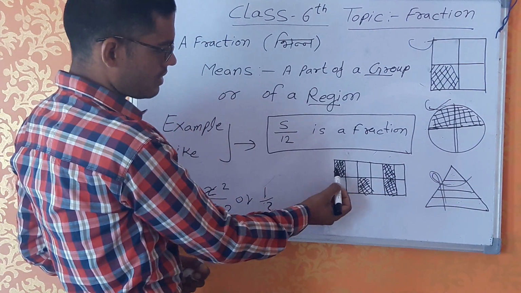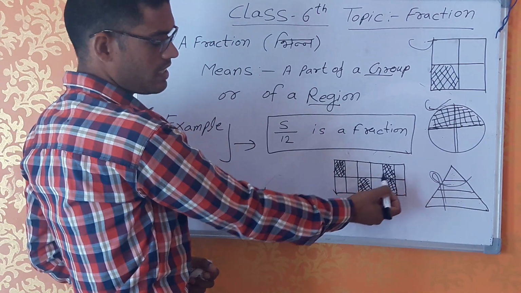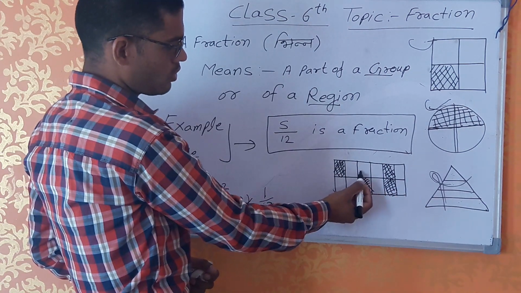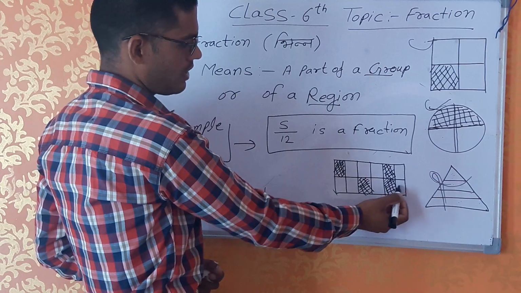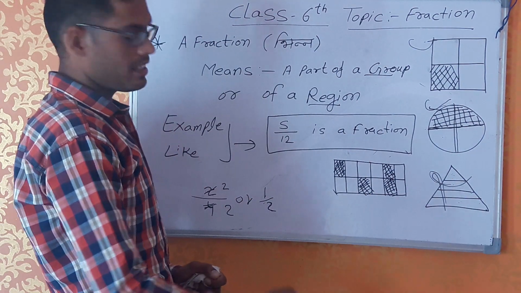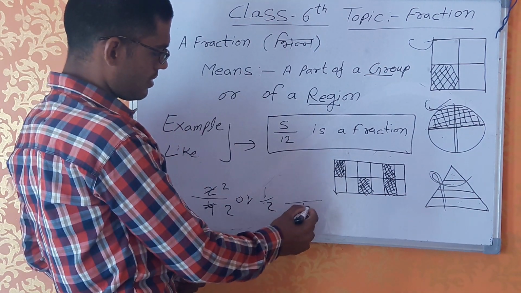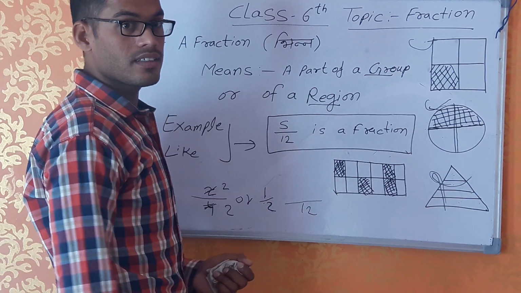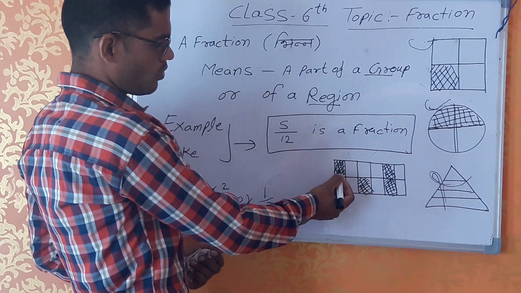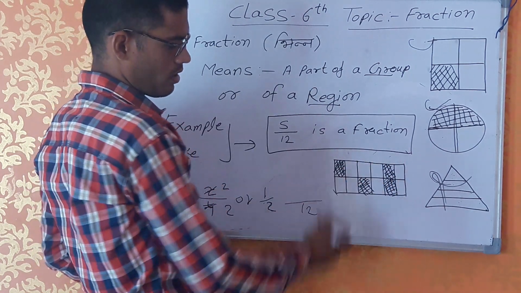Figure 4: the total parts, the total boxes are equal. 1 2 3 4 5 6 7 8 9 10 11 12. The total boxes give the denominator, 12. The shaded area gives the numerator. How much? 1 2 3 4.